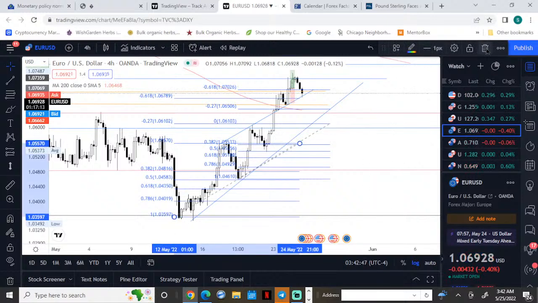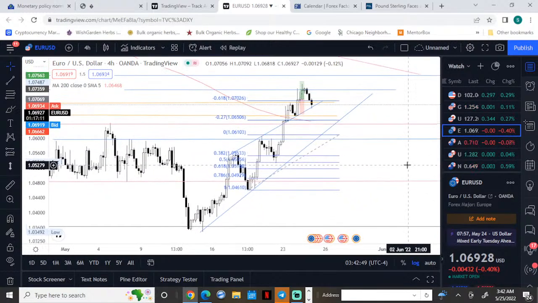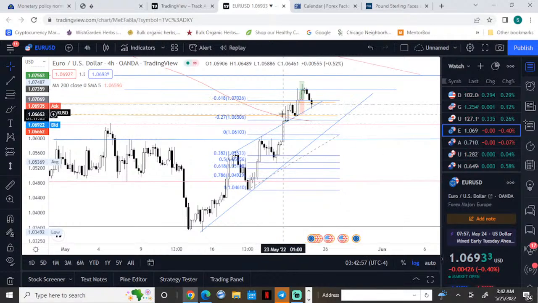All right. So we got A, B, C, straight to the 50. Rejected it. Looks like this fib was completed too. Our new fib will be drawn at point C of the last fib.